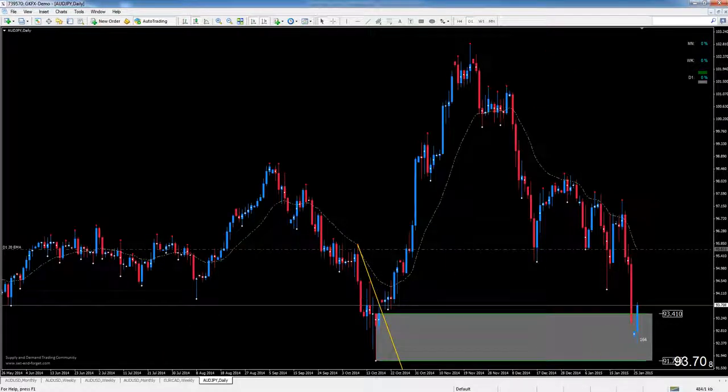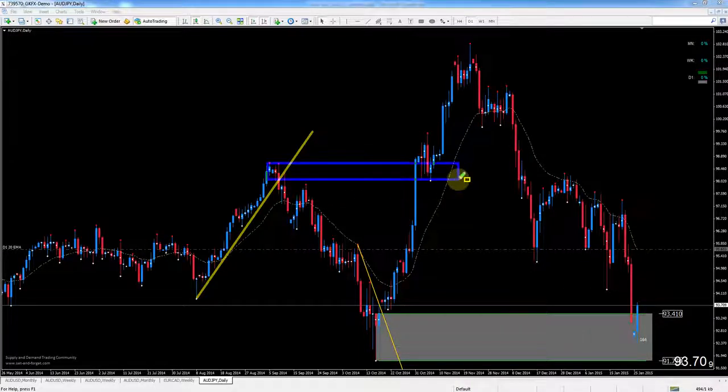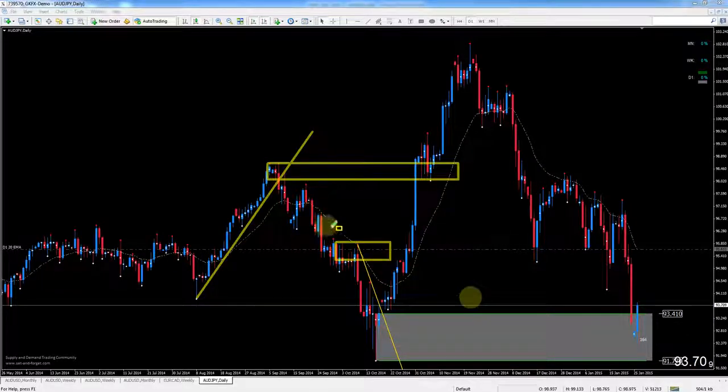So if this is supply, okay, then this is demand. So same here. If we draw the ascending line over here, and this is supply, okay, and also this is supply, this is supply, this is supply.